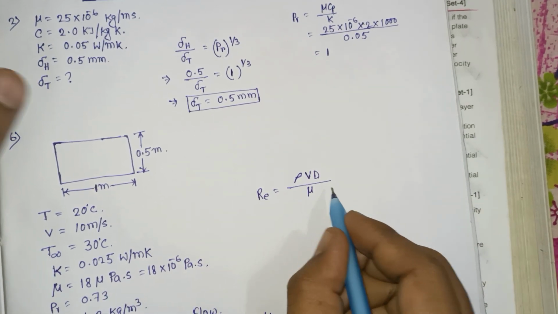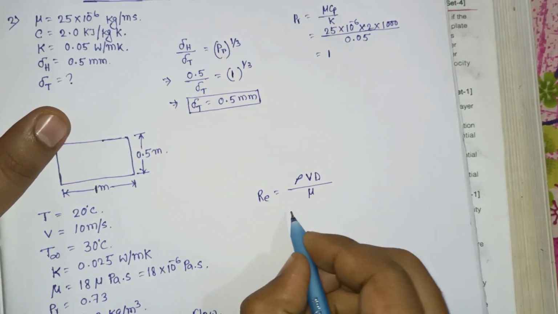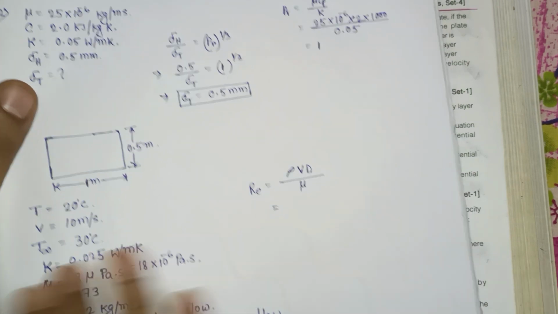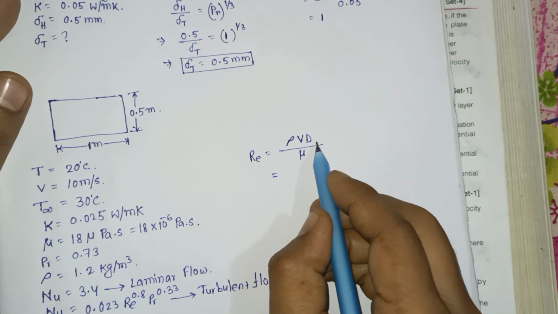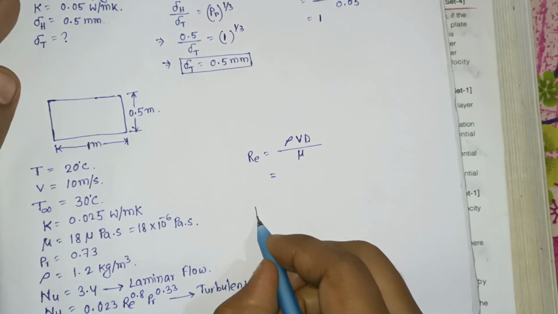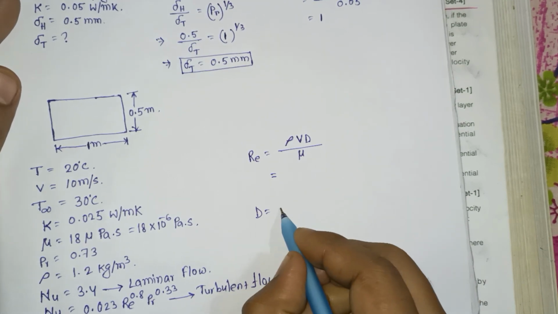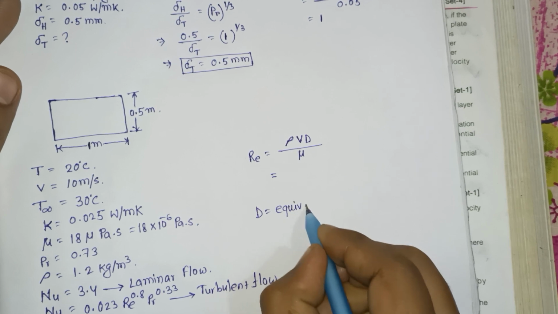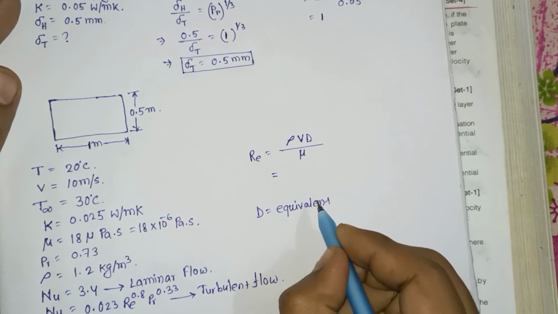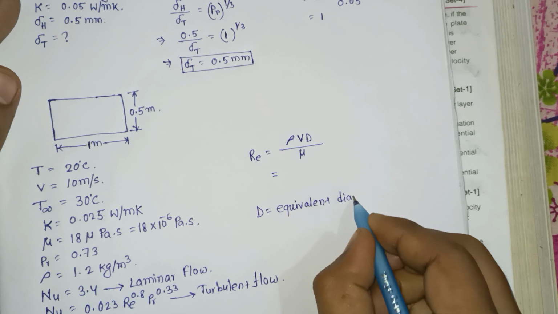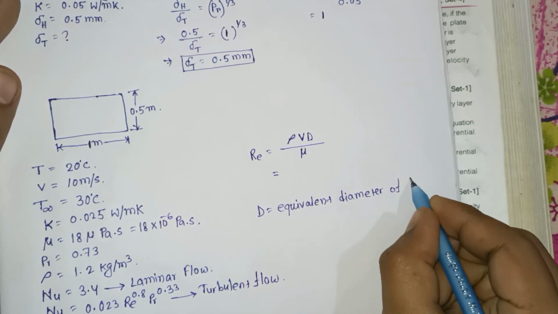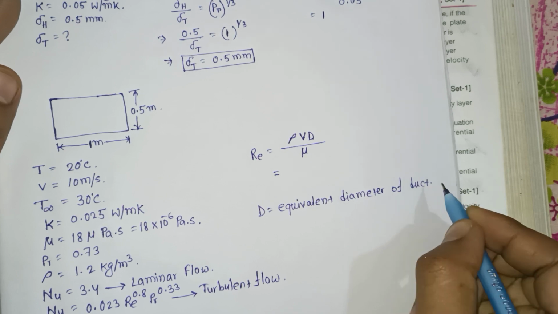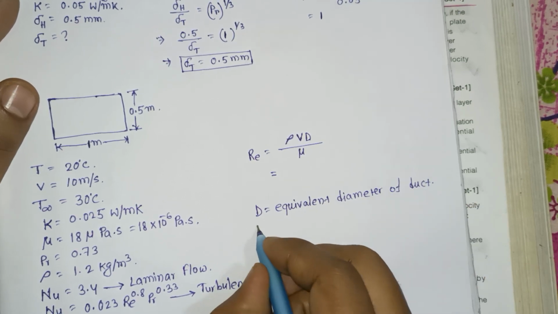So what is d? You have to calculate the Reynolds number, so first of all you have to calculate the equivalent diameter of the duct.